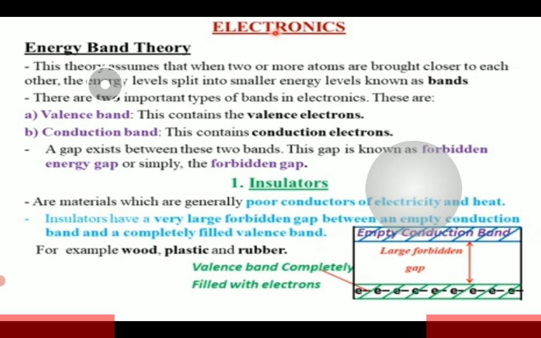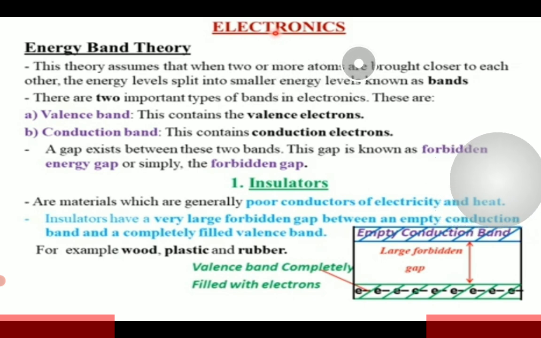It's assuming that if we bring any two atoms closer to each other, close enough, their interaction will lead to the formation of smaller energy levels which are called bands. Just a quick reminder, you know that an atom or atoms are smallest particles of matter.